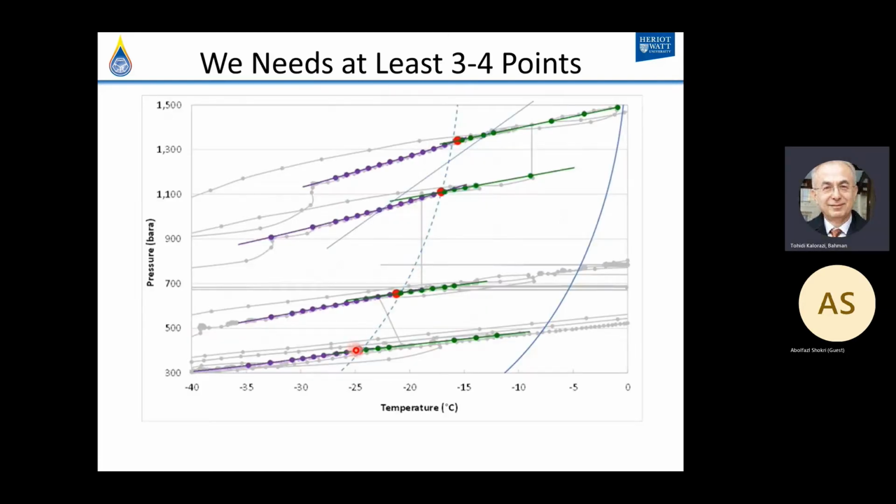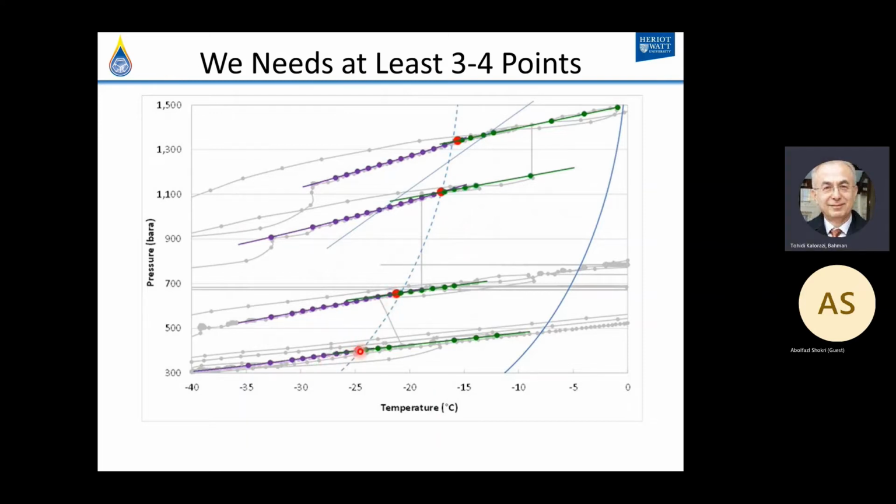Now, for hydrate phase boundary determination, we need at least 3 to 4 points. Here I'm showing this. We normally start with lower pressure and then gradually, by moving the piston, increase the pressure, or we introduce more gas to increase the pressure.